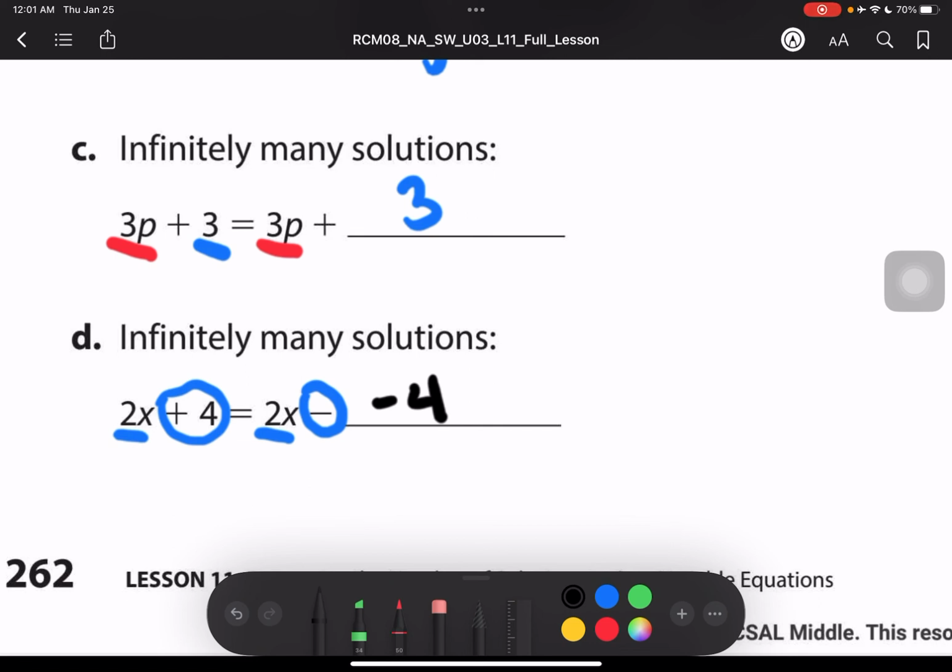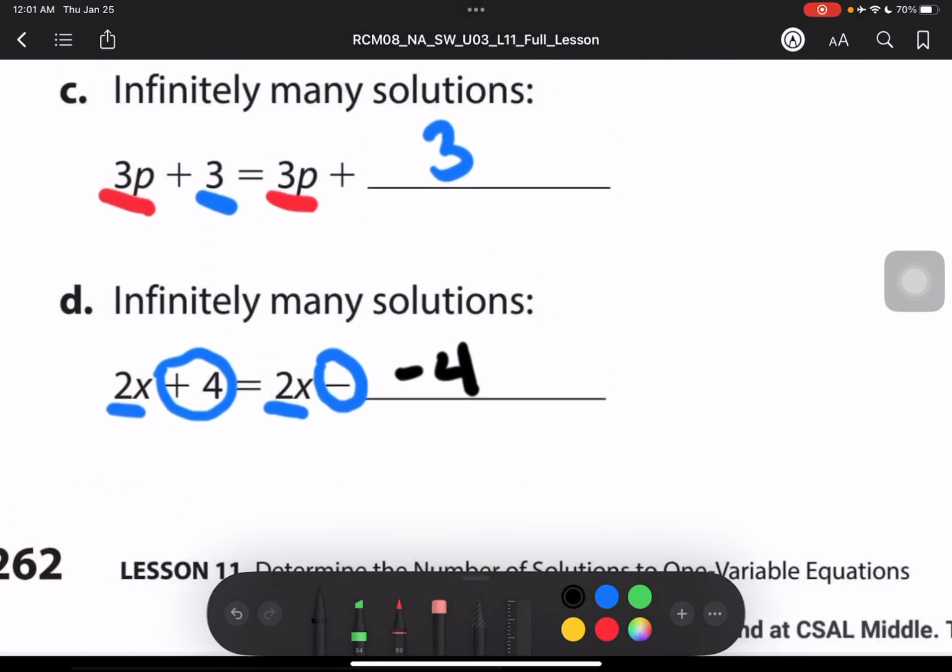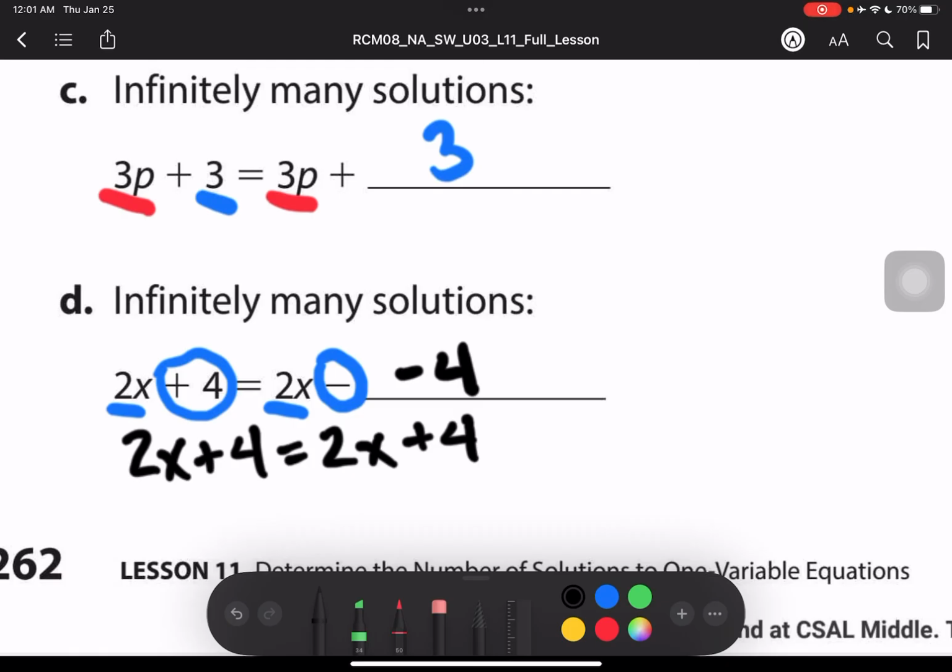Why? Because if I rewrite this, it'll be 2x plus 4 equals 2x. A negative in front of that negative makes that a positive 4. So if you just put a regular 4 there, that's incorrect. It had to be a negative 4 for it to be infinitely many solutions. Okay?